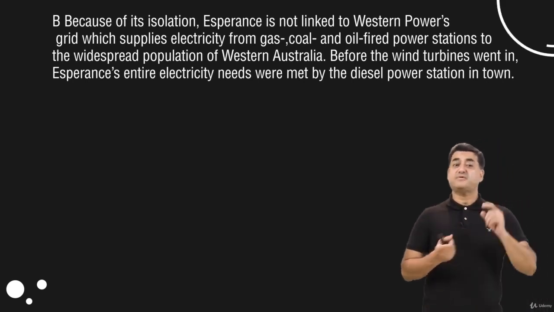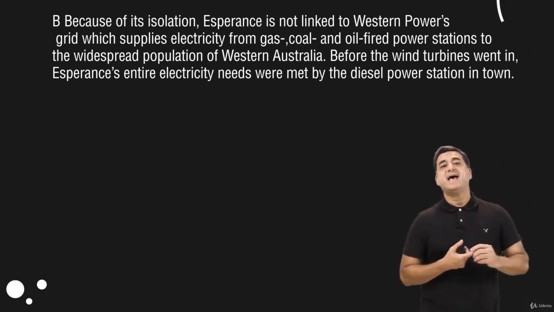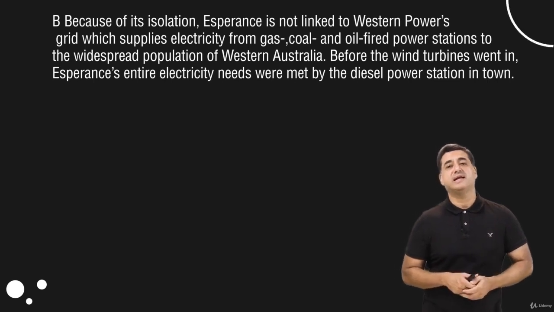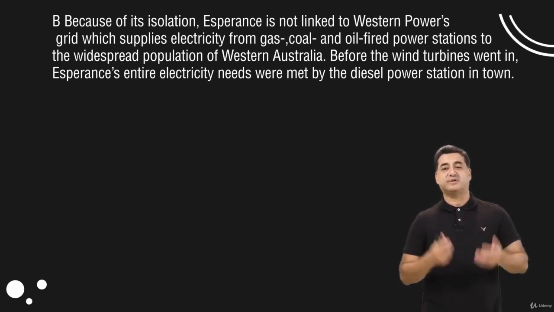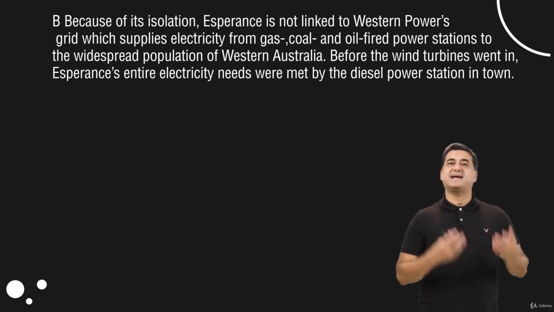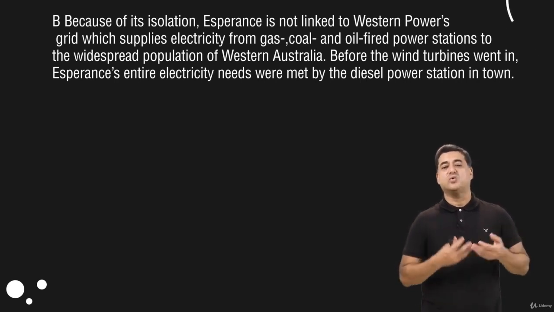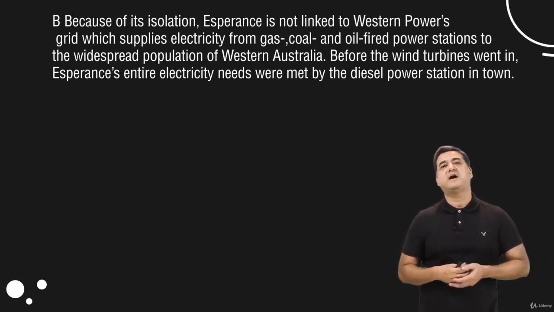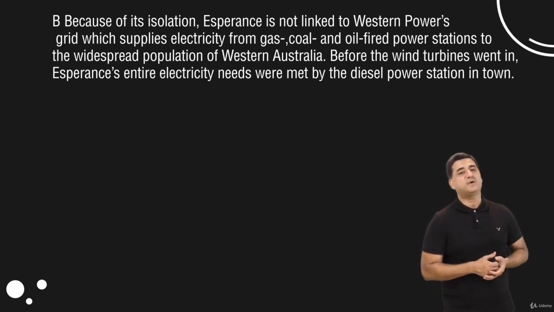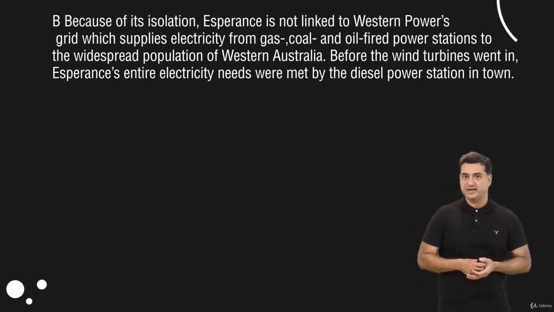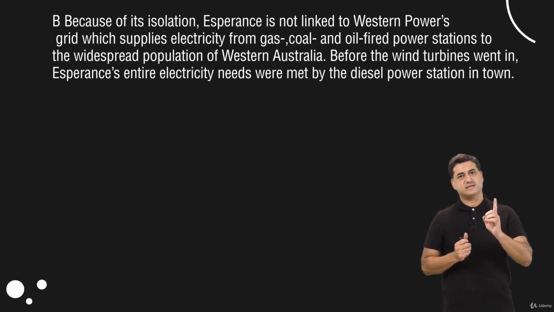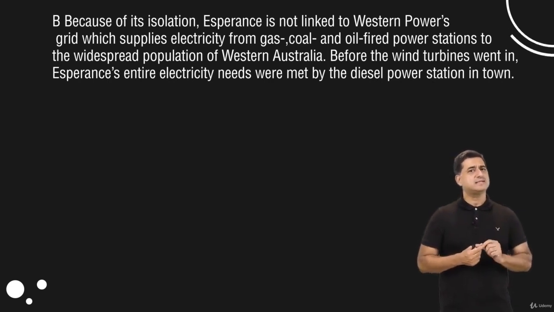So let's see. Because of its isolation, Esperance is not linked to Western Power's grid, which supplies electricity from gas, coal, and oil-fired power stations to the widespread population of Western Australia. Just one sentence. What does this sentence say?